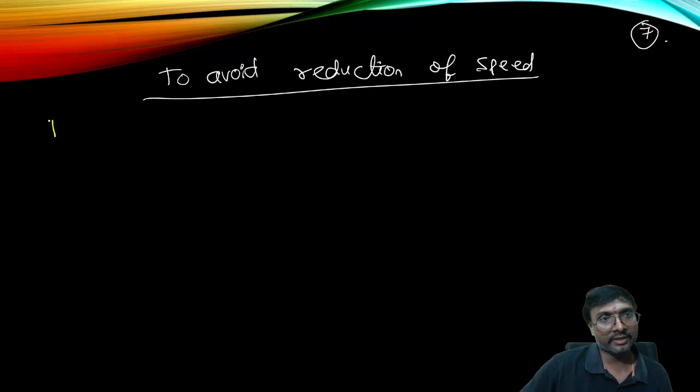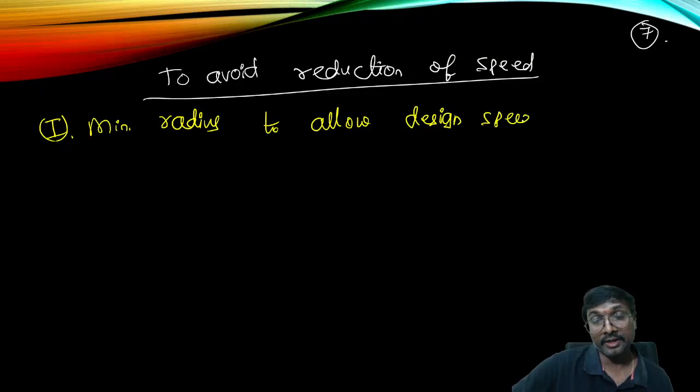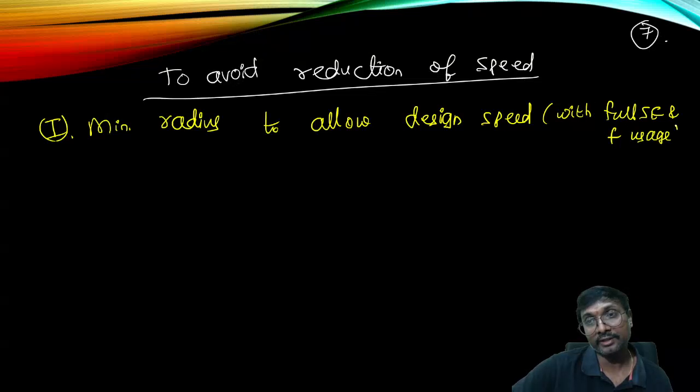So here, what is the first one? You can say minimum radius. Minimum radius to allow which one? To allow this design speed, with what conditions? With the full super elevation and friction usage, with full friction usage and super elevation usage.